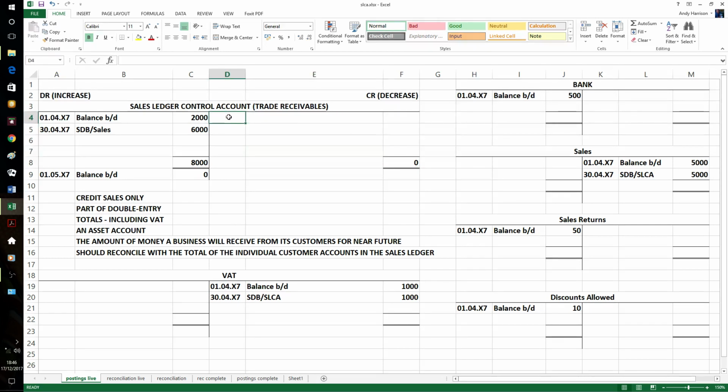But some of them will have paid us. So in the bank, money coming in the bank, you have £1,800 coming into the bank. Debit the bank, credit the control account.